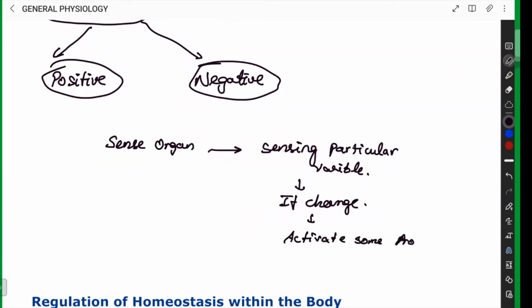After activation, there can be hormone generation, hormone stimulation, or some chemical messenger stimulation. Because of this, it is called the positive feedback mechanism. Again, this process is going to be a cycle.